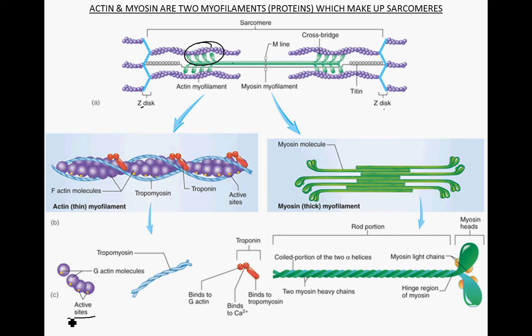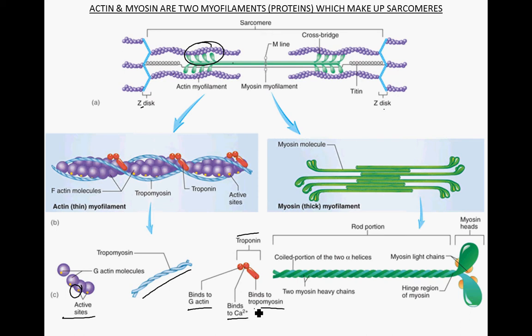You have the actin molecules here with the active sites that myosin heads will bind to. Here's the tropomyosin molecule that will cover those active sites. Here's your troponin molecule, again with the actin binding part, the calcium ion binding part, and then the tropomyosin binding part.